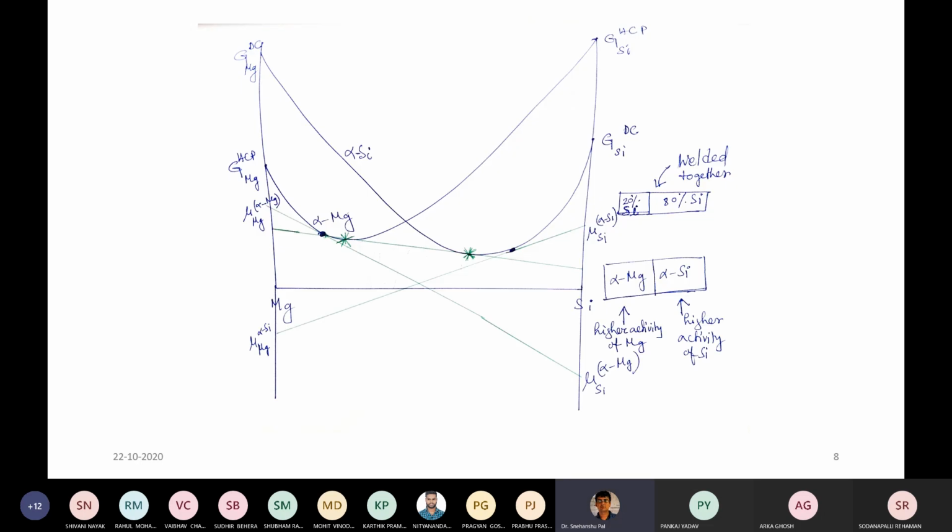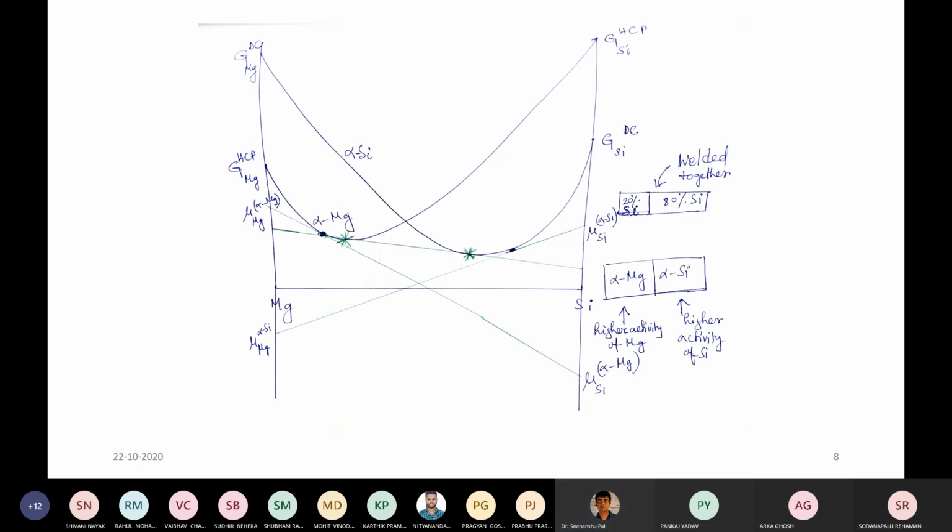Now we have to take a particular example of magnesium silicon, because that phase diagram and that system tells you a lot of conceptual understanding of such thermodynamic behavior with respect to the Gibbs free energy concept. We know that magnesium has an HCP structure, hexagonal close packed, and silicon has a cubic structure. That part we already understood.